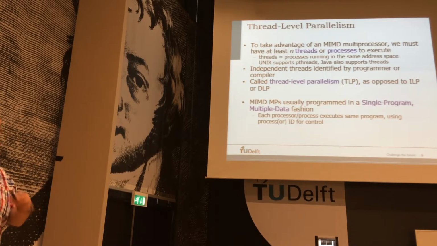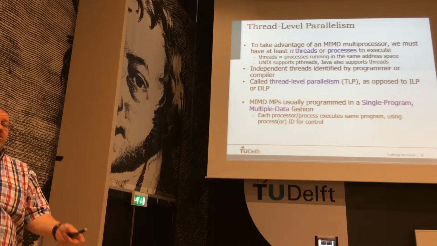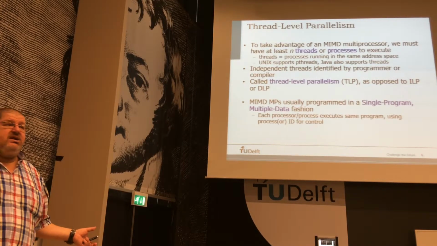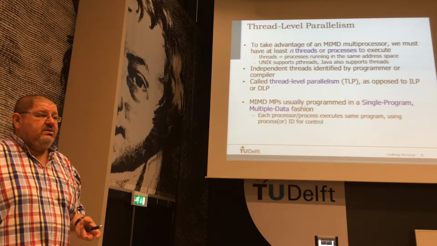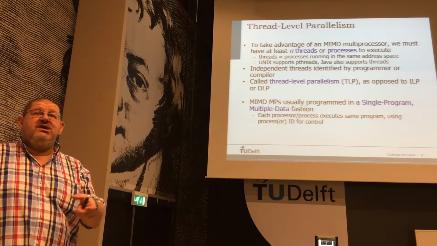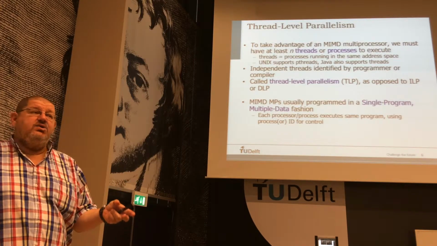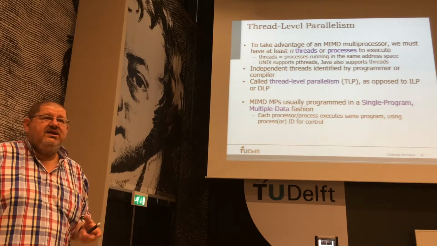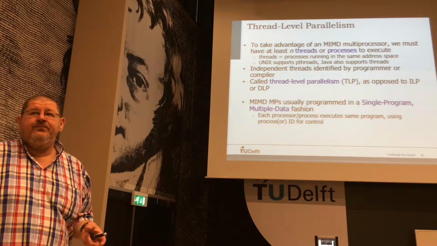Now, if you don't have thread parallelism, your machine will die of starvation. Then you have somehow to find a solution to keep the machine busy. And you can do that by changing the application. Then you have to start rewriting it.